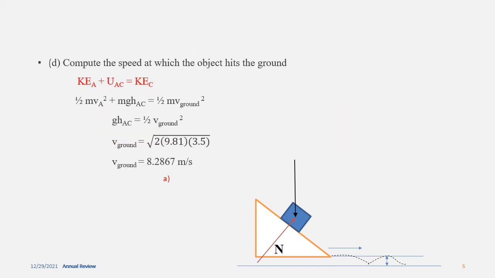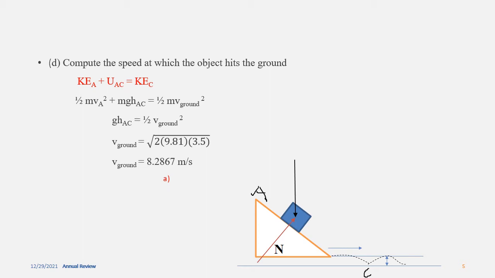Okay, next, compute the speed at which the object hits the ground. We use the formula of kinetic energy at A. Here is A. Then plus potential energy from A to C. C is here.